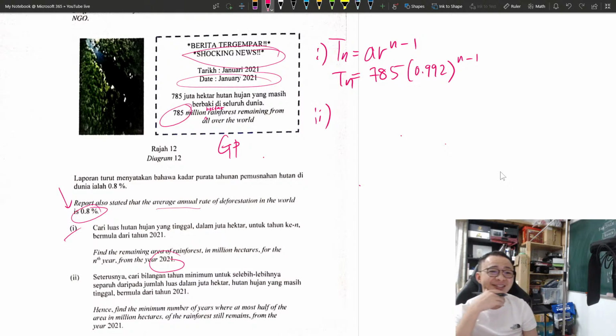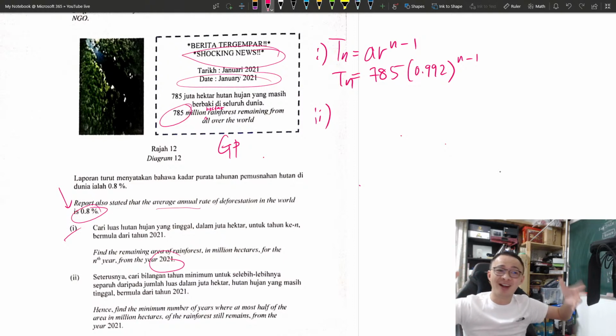So right now the logic is we need to wait for how many years until the whole world's rainforest only has 50% left, half of the 785 million. Because today is 2022 only, right? Next year, it has already decreased by 0.8%.